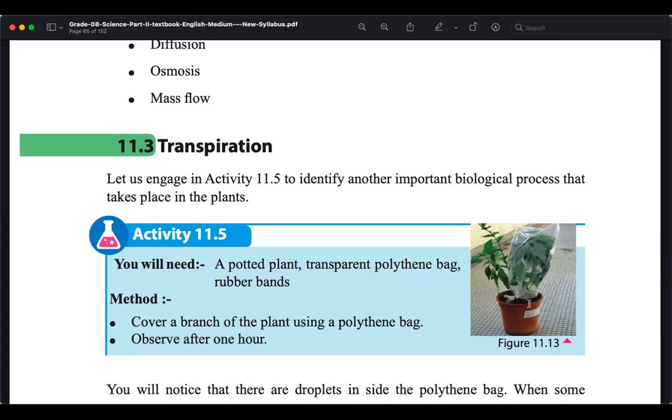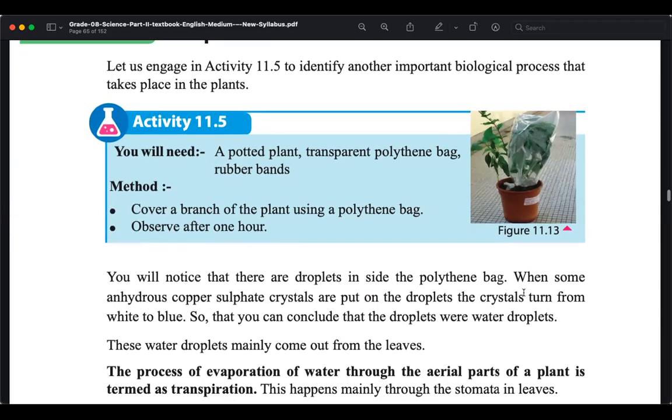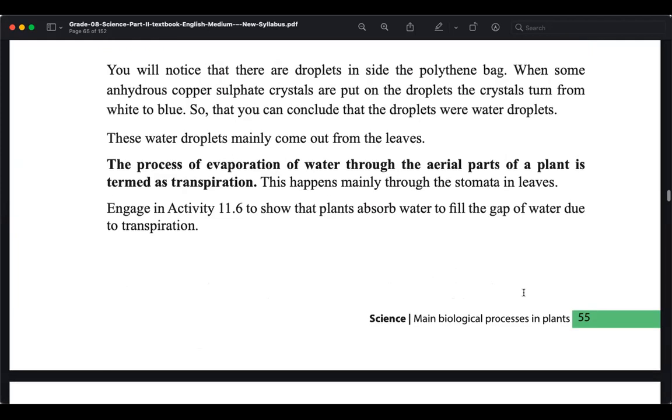Yes, sir. Right, because in transpiration water evaporates, but because of the polythene bag it is collected in the bag, cools down and condenses. This condensed water will be collected at the bottom of the bag. So that is the practical, and the next practical is using a U tube.